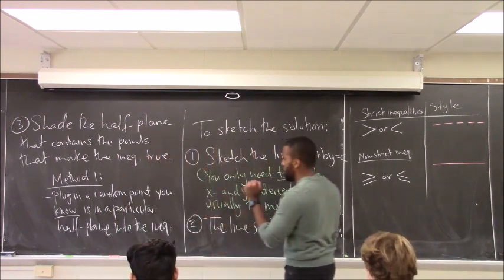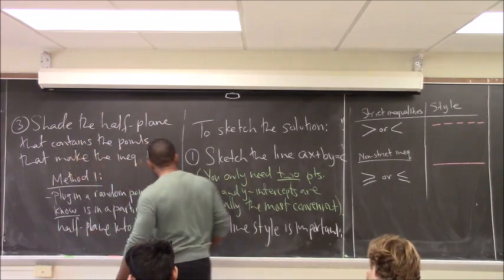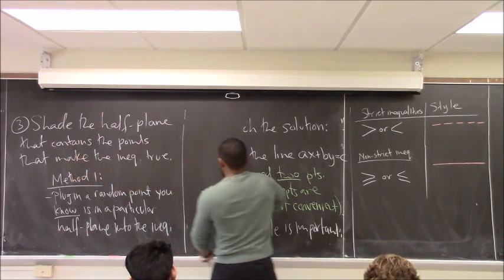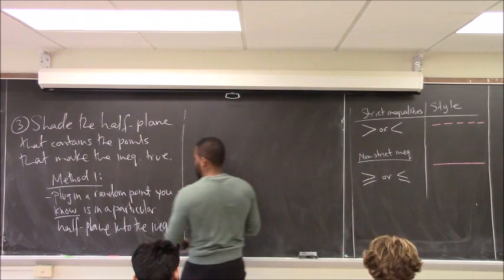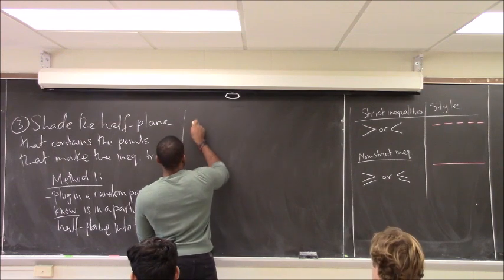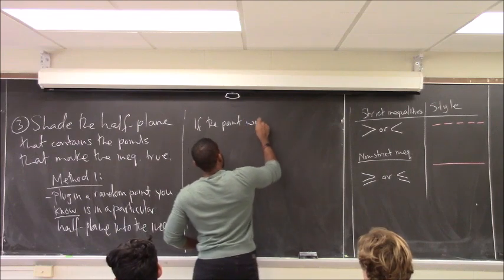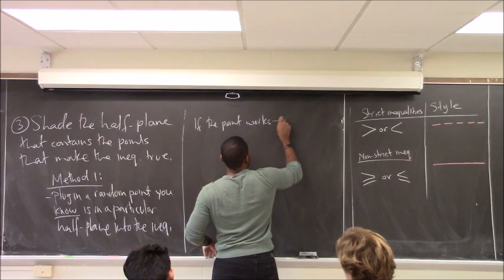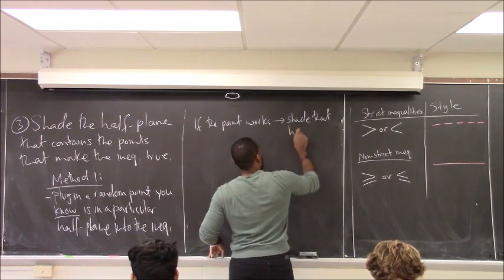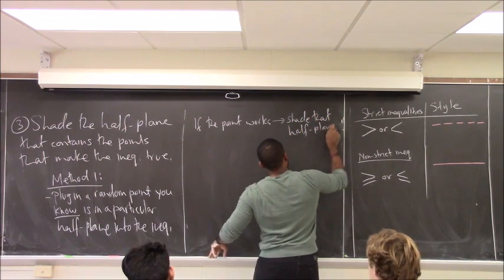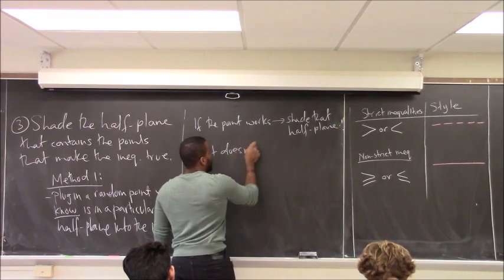So you're going to take a point that you know is in one of these regions of space. You're going to plug it into the original inequality, and then you're going to just assess whether or not it's true. If the point works, then shade that half plane. If it doesn't, shade the other one.